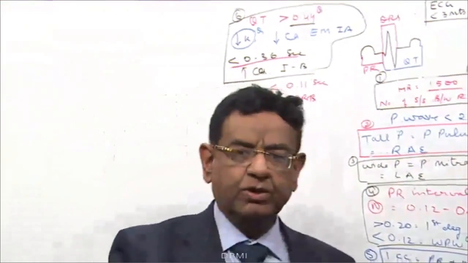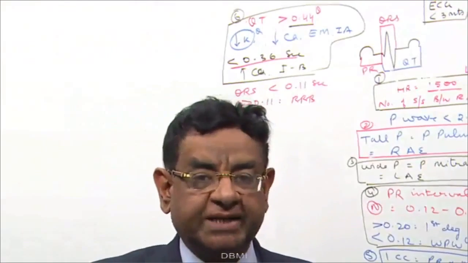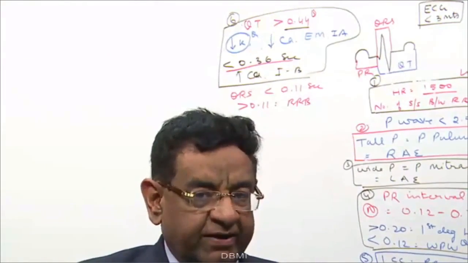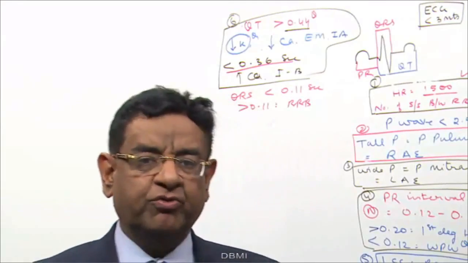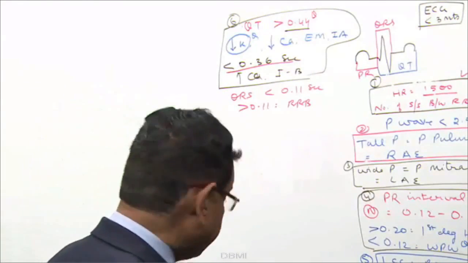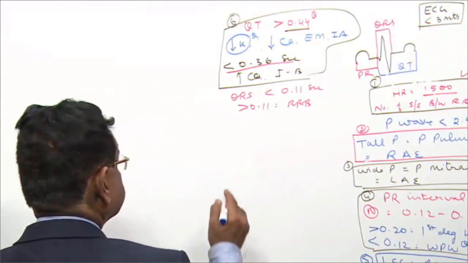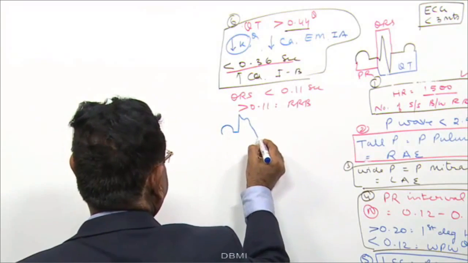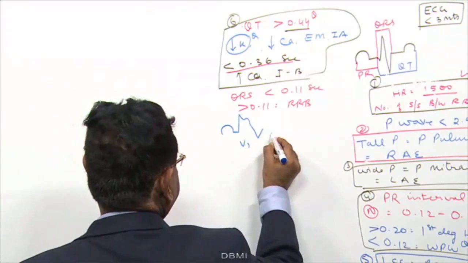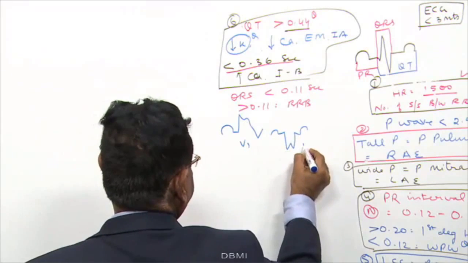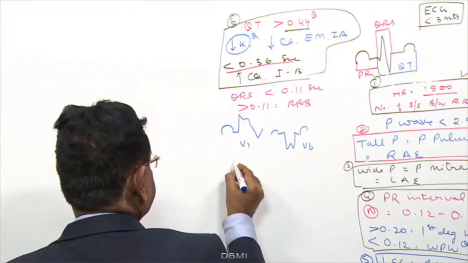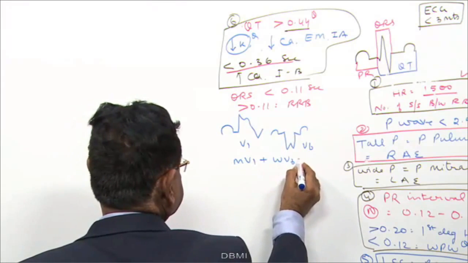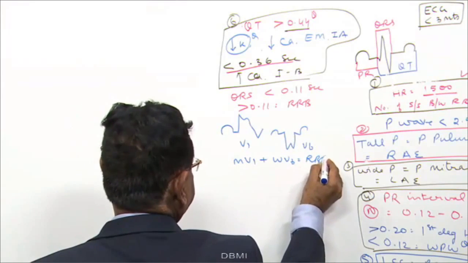Now, I don't need to tell this illustrious batch that there are two types of block, right bundle branch block and left bundle branch block. Now, how to find out in ECG which type of block is there? Friends, if you get M pattern in V1 and W pattern in V6, we call it right bundle branch block.